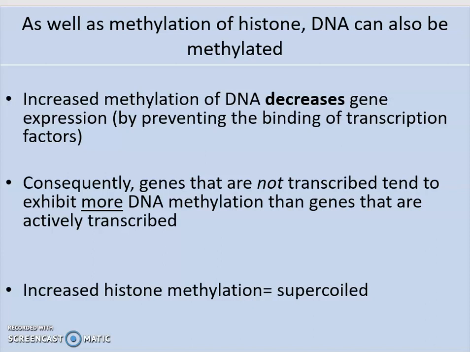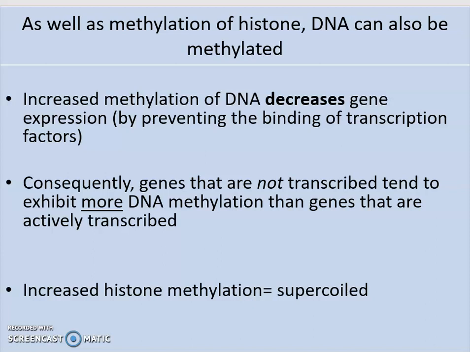Now, just to underscore before we move on, methylated histone must be very clearly distinguished from methylation of DNA. So methylation of histone means that we get lots and lots of supercoiling.